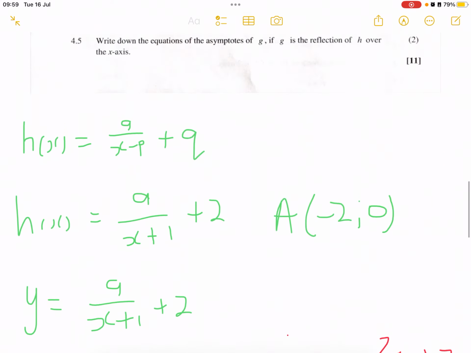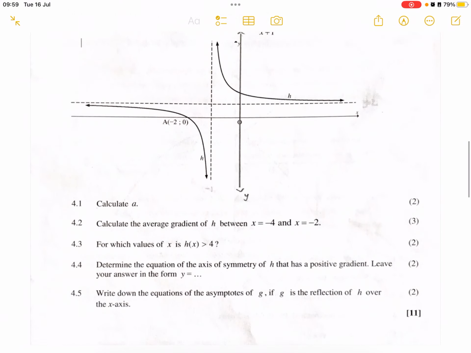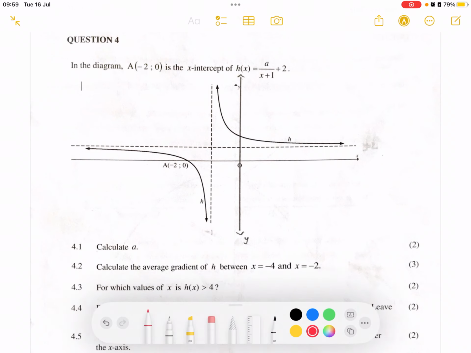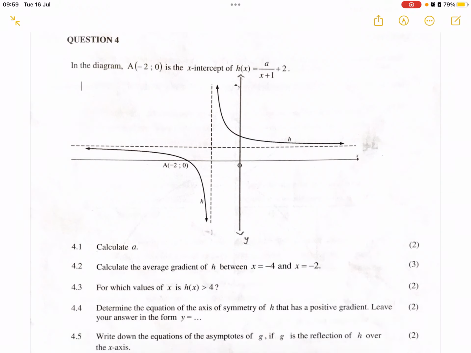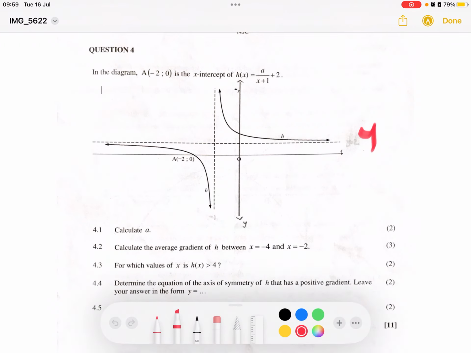Next up, for which values of x is h of x greater than 4? Now, h of x is this function, and in this function, from this point of the asymptote, which is the point y equal to 2, and then the point here, x equal to minus 1.